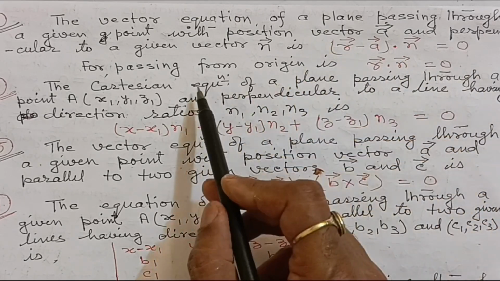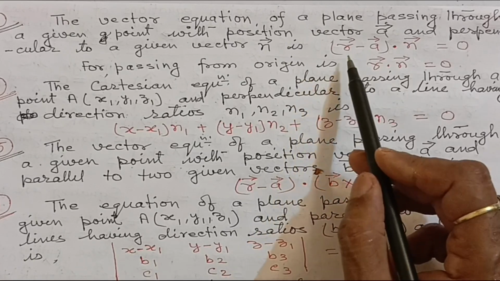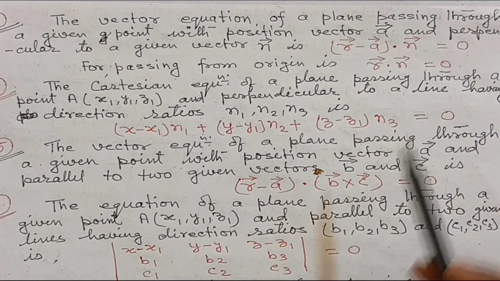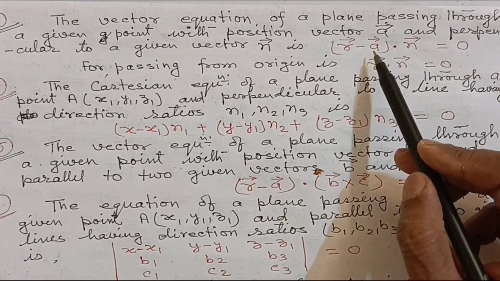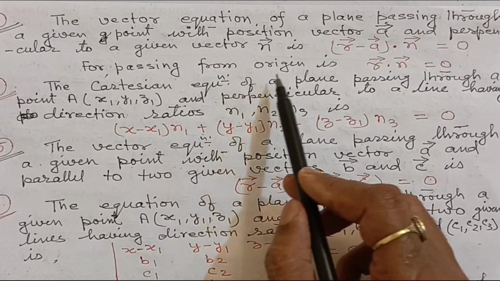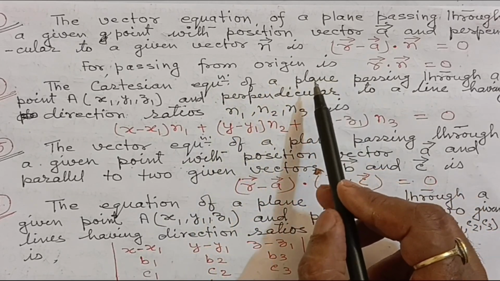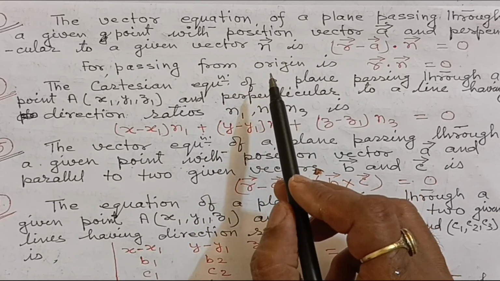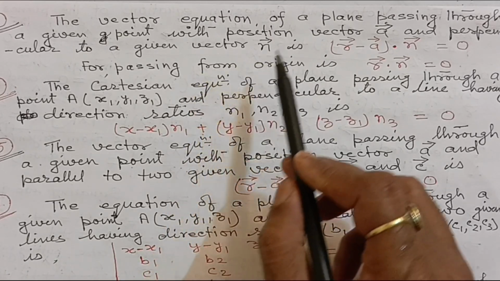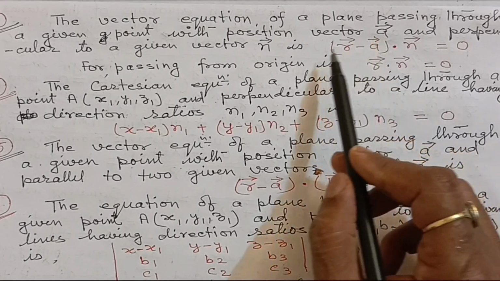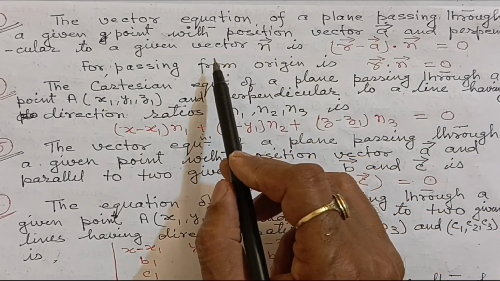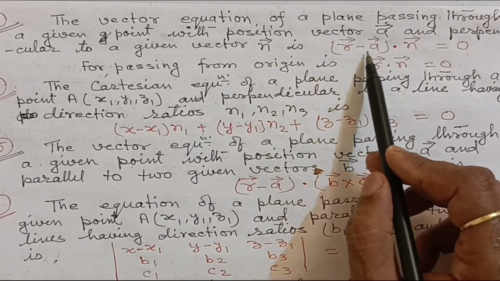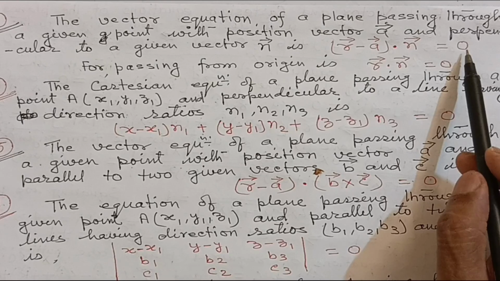If this plane passes through the origin, then vector R dot vector N is equal to 0. Here, vector A is equal to 0 when it passes through the origin. The equation of a plane passing through a given point whose position vector is A and normal to vector N is (vector R minus vector A) dot vector N equals 0.